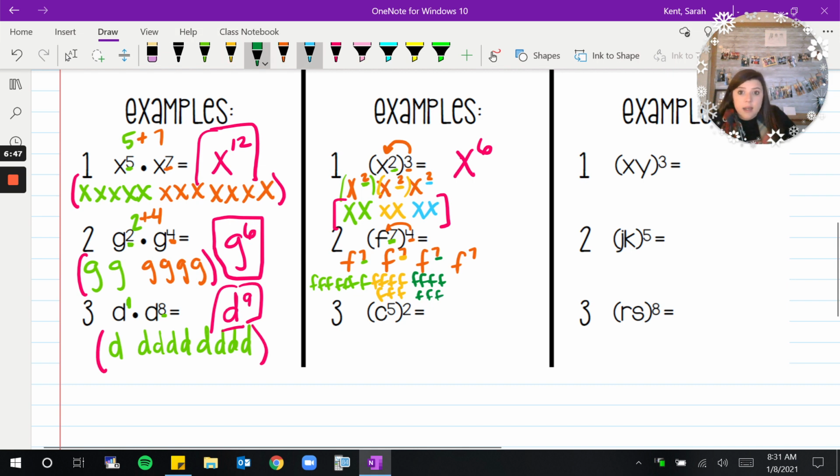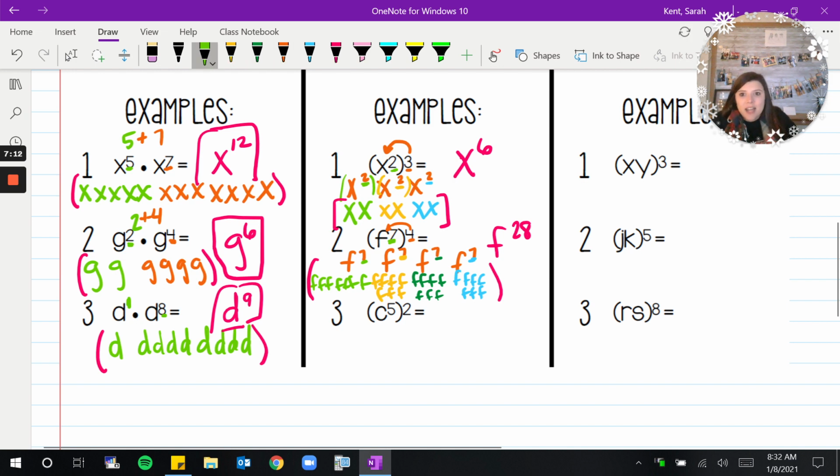And f to the power of 7 means there's another 7. So for our final answer, we want how many f's are all together. So here I've got 7, 14, 21, 28. F to the power of 28. It's a lot of f's.